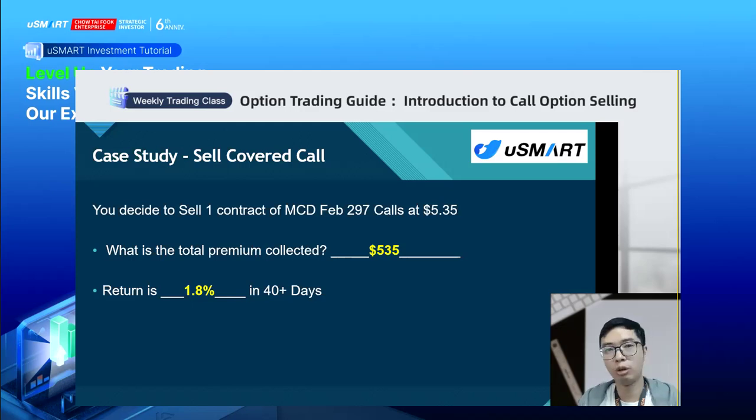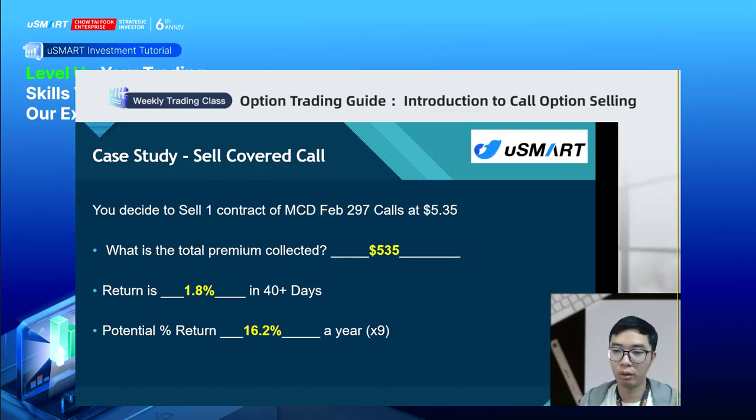So I collect $535 if it doesn't hit 297 and stays below it. My return will be 535 divided by the cost of the 100 shares at 296, which is $29,600. As long as the price doesn't move up to 297, we keep this 1.8% return in 40 days.